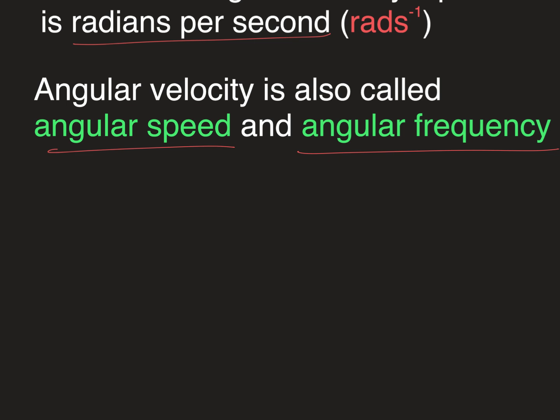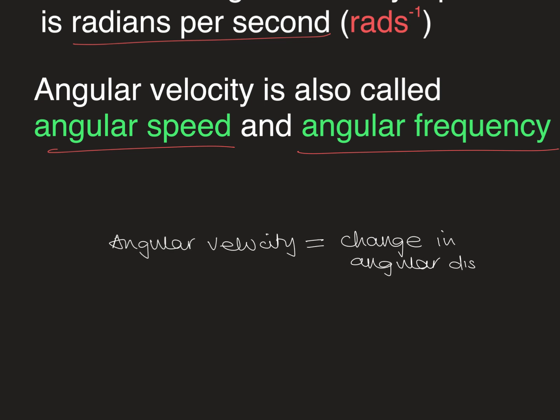So if we go by the definition, it says the angular velocity is equal to the change in angular displacement divided by the change in time.